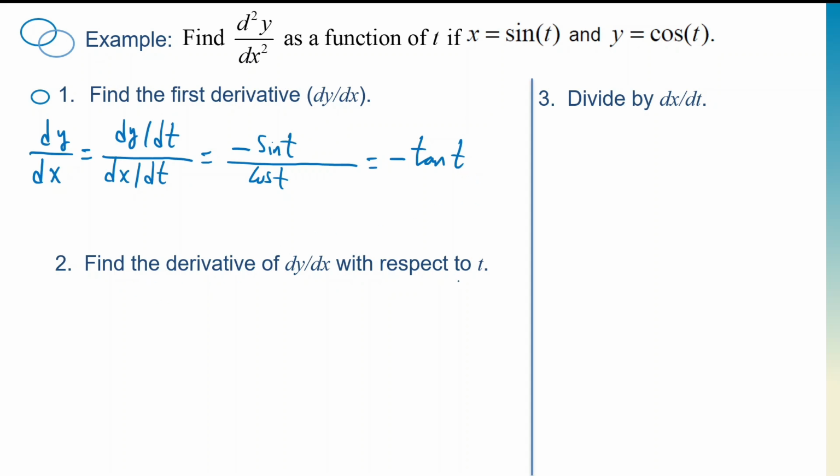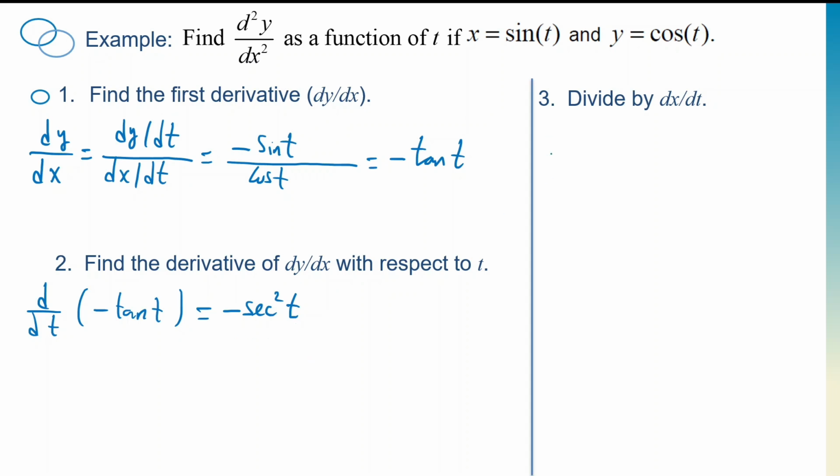Now for the first derivative, I need to find the derivative with respect to t. So d over dt of negative tan of t. And as you know, the derivative of tan equals what? Secant squared. Then I have the negative, so this is negative secant squared t.